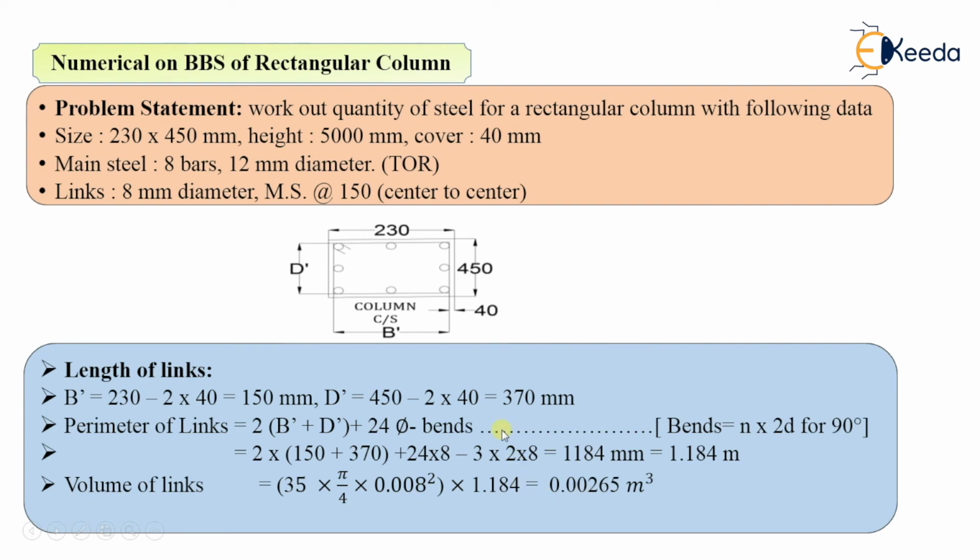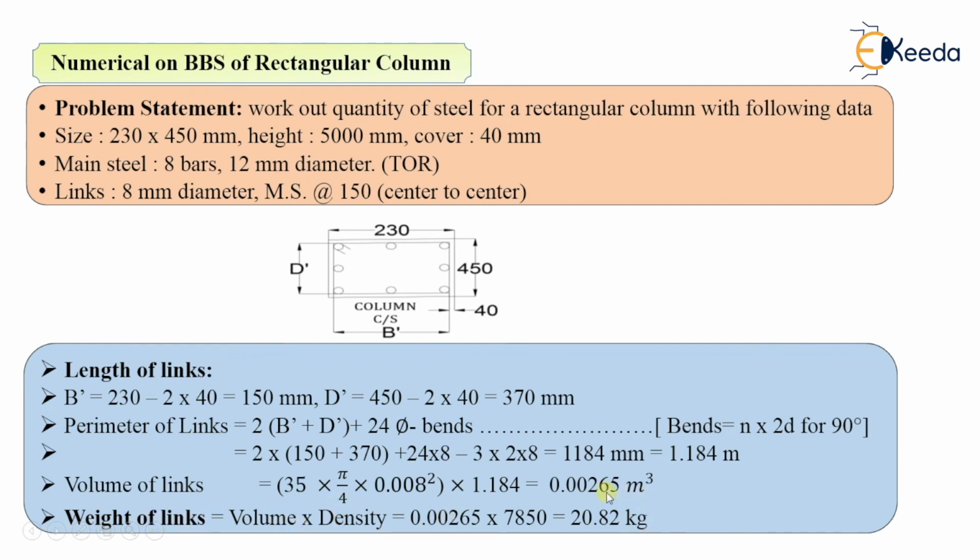Now we have calculated the volume. Similarly, you can calculate the weight of links, as you calculated in the previous steps. How did you calculate the main steel weight? It was calculated by volume into density. So how will you calculate it? See, weight of links will be volume into density.